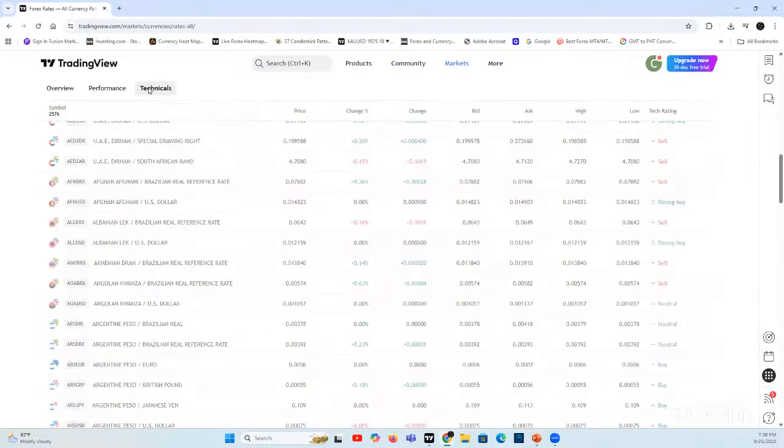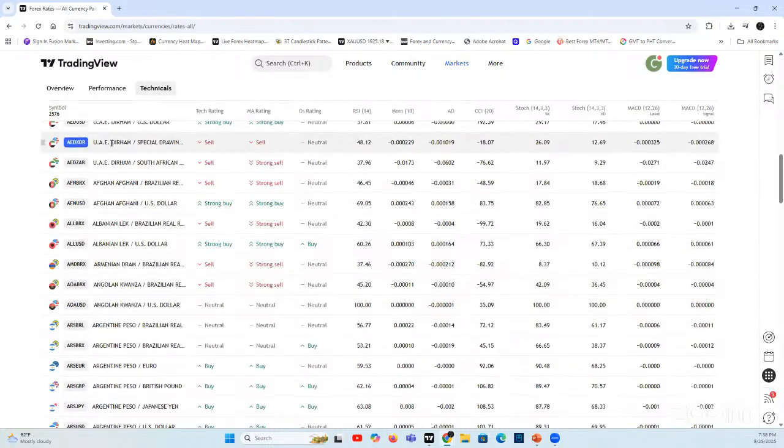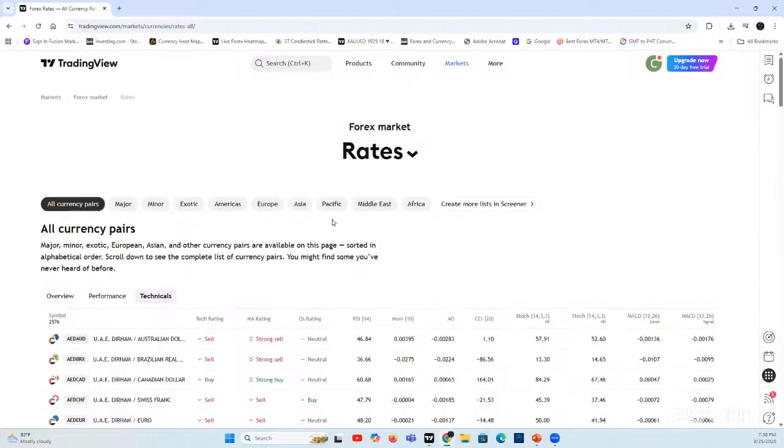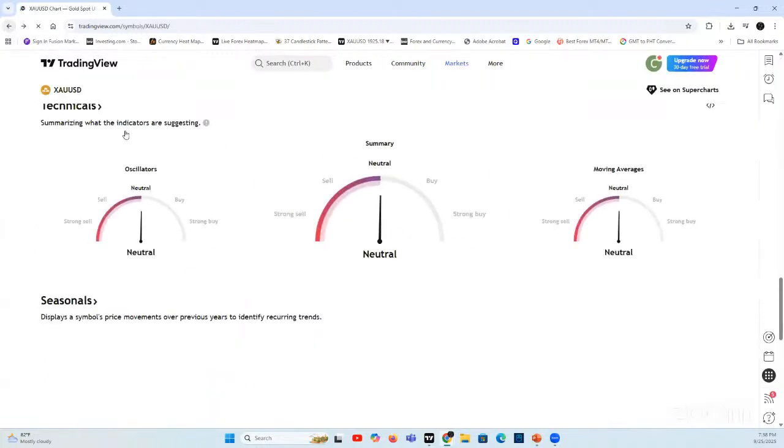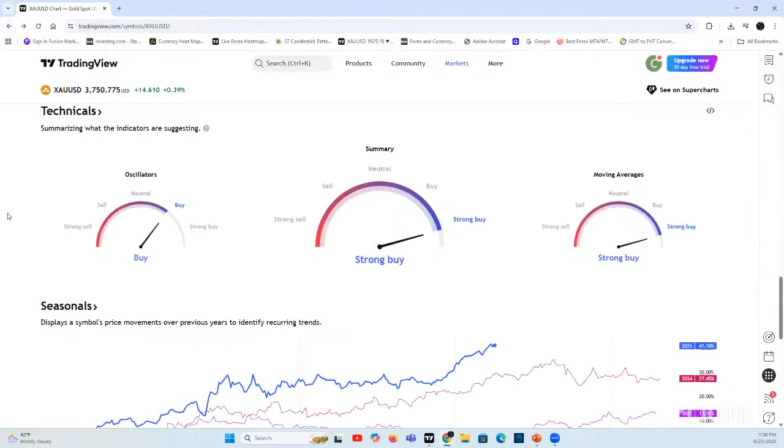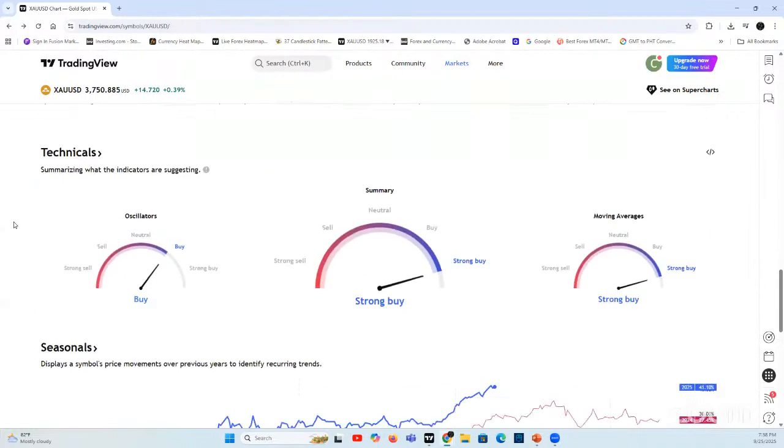There, technicals, for example. Okay, back to this. So it's there, just the exact screenshot I showed you. It's in TradingView.